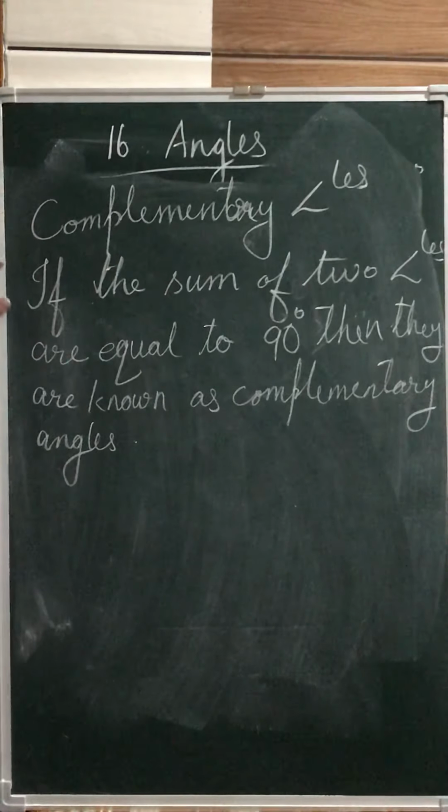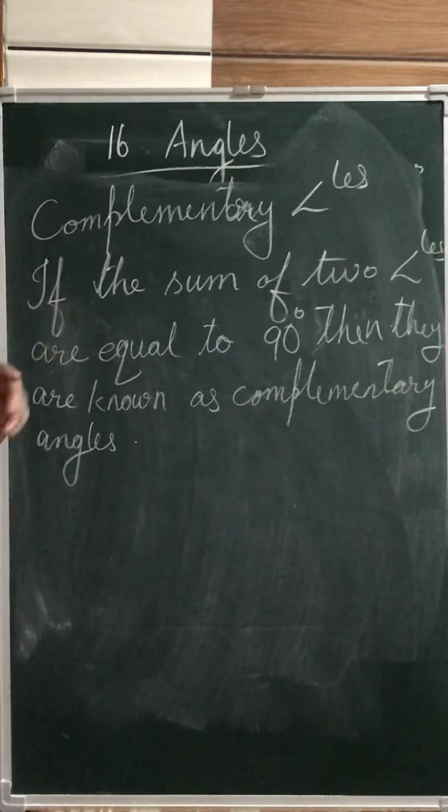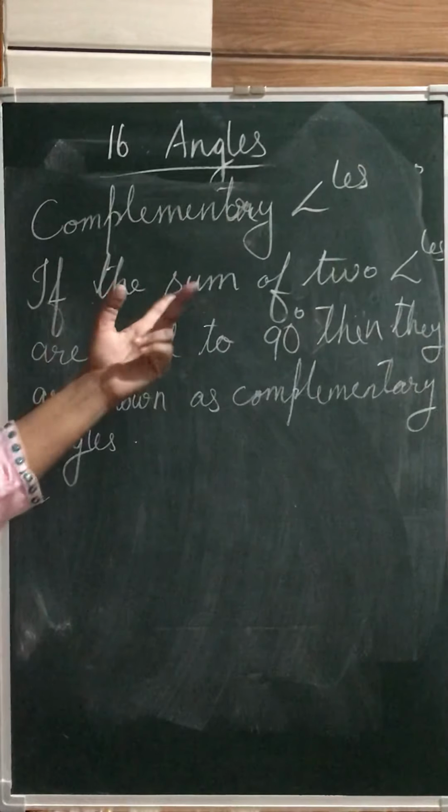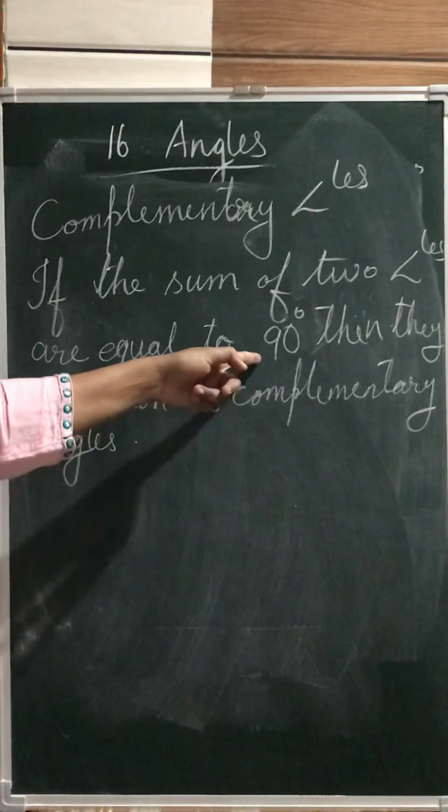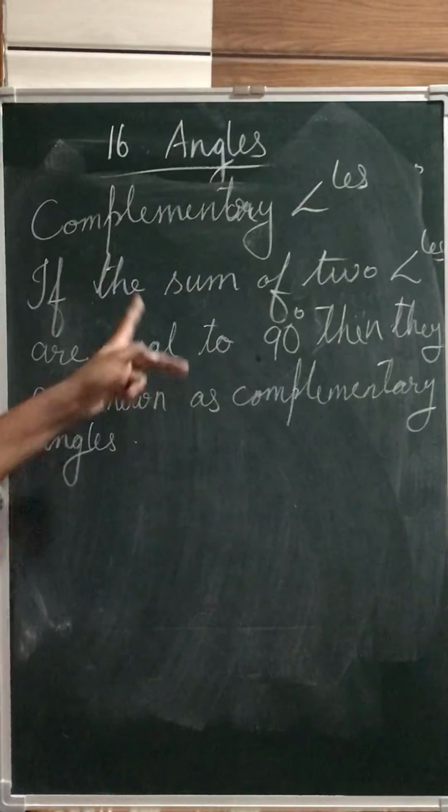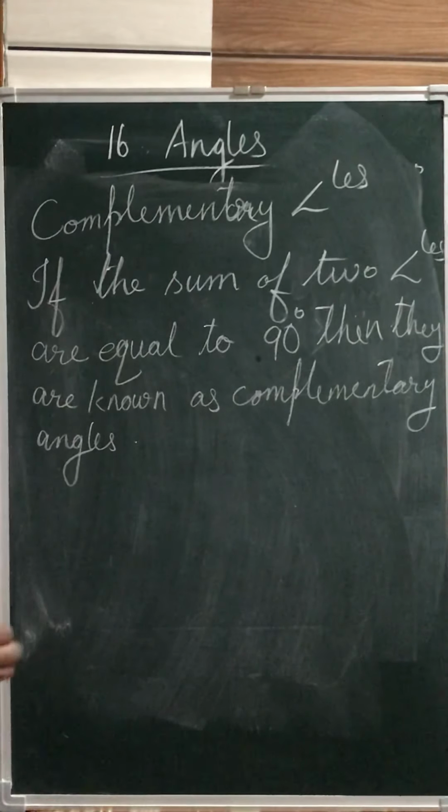What are complementary angles? Two angles' sum. That means if we add two angles, the sum is equal to 90, then they are known as complementary angles.